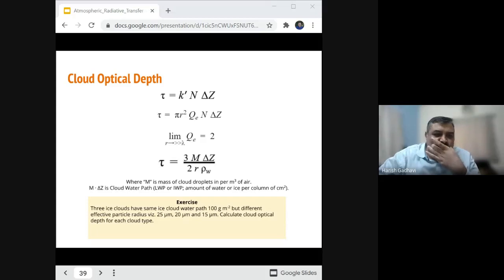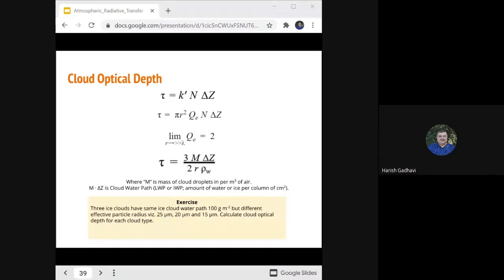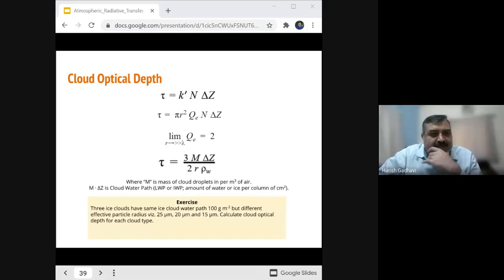Puja, Kavita, Kusali, all of them have got answer 6 for the 25 micrometer. Avni and Kavita have got 7.5 for the 20 micrometer.